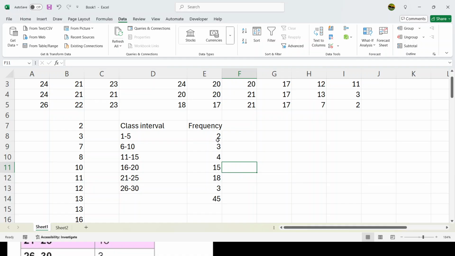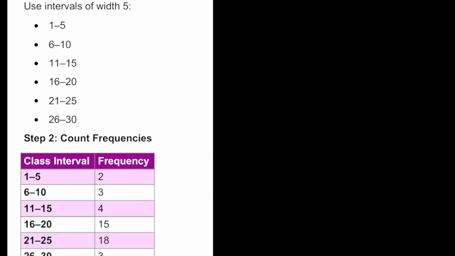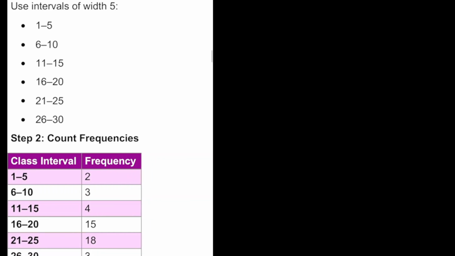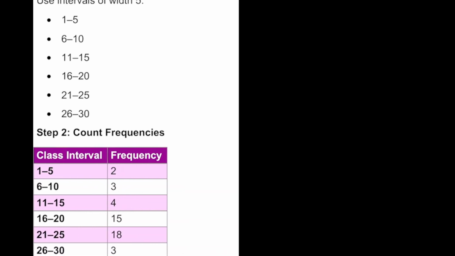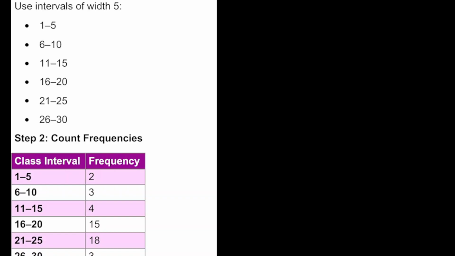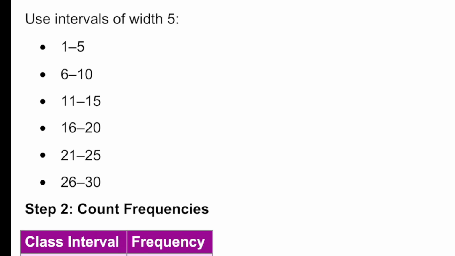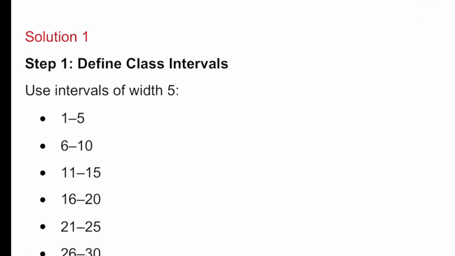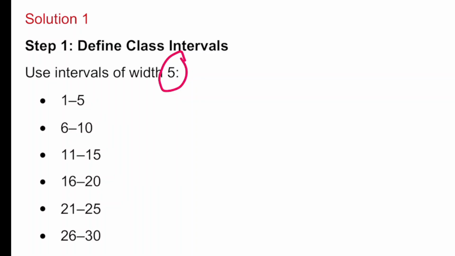So we have gotten the 6 marks. Let me switch from Excel to my, this was the Excel. I don't know why this one has switched. Okay, this is it. So what I have done is I have started with the first step. I defined the interval with a width of 5. That's what we have done. And if you look at the difference between here to here, that is 5.